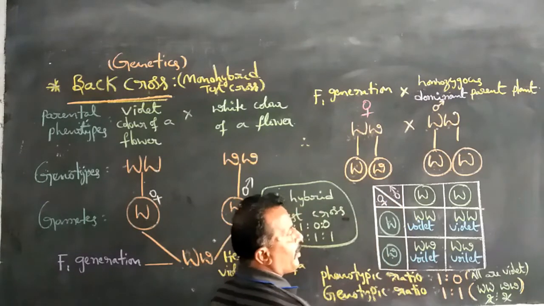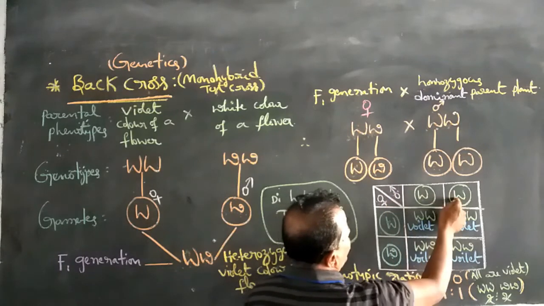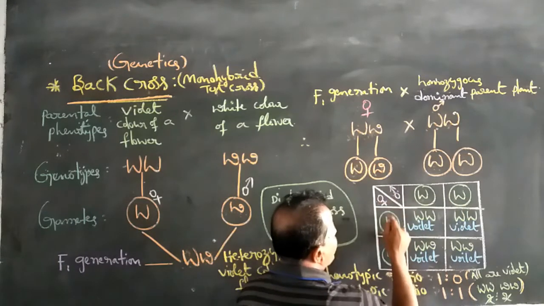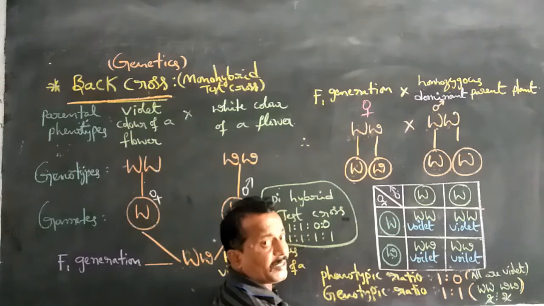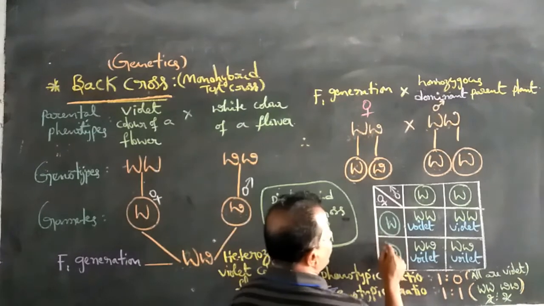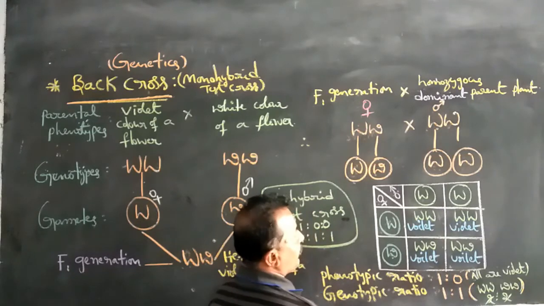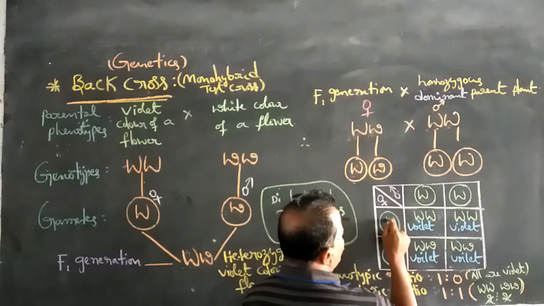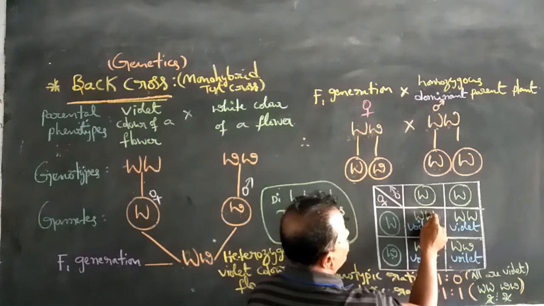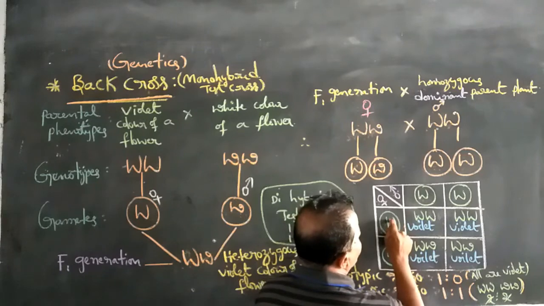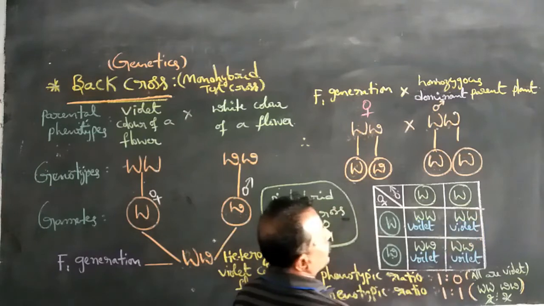Those male gametes are here capital W, and those female gametes are capital W and small w, crossed with the male gametes. First, capital W fused with capital W results in capital W capital W, and again capital W fused with capital W results in capital W capital W.